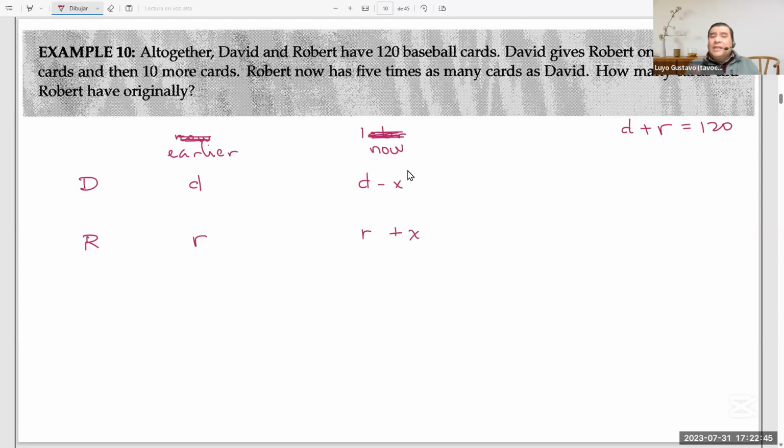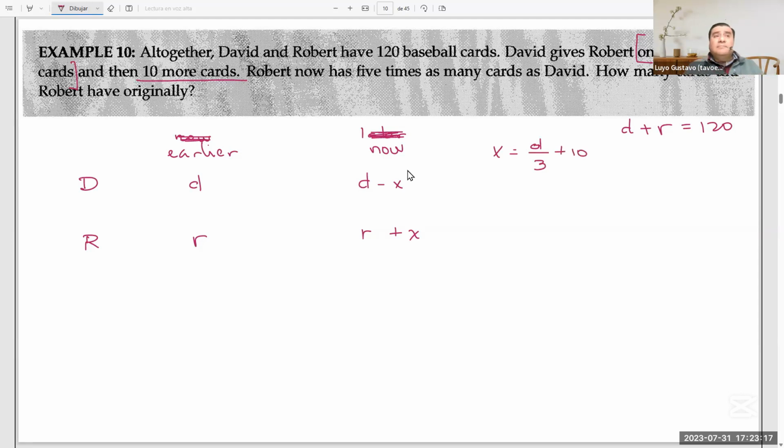They are exchanging a number of cards. But what is X actually? How is X defined in the statement? This is the key part. X comes out from this. David gives Robert 1/3 of his cards and then 10 more cards. So this X here is being defined as 1/3 of the original number of David's cards, D over 3, and also 10.